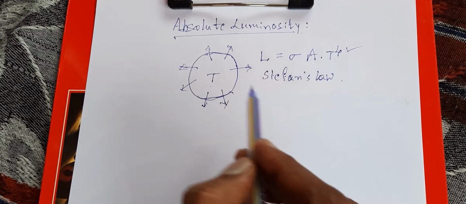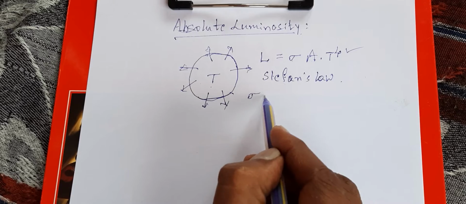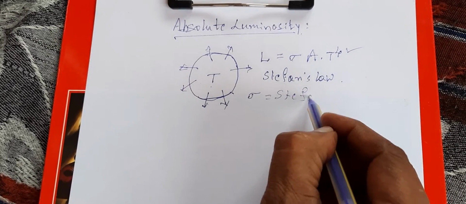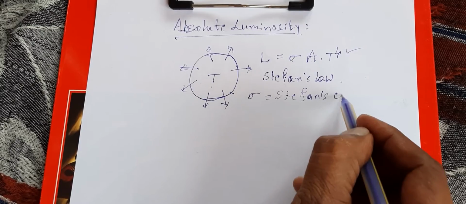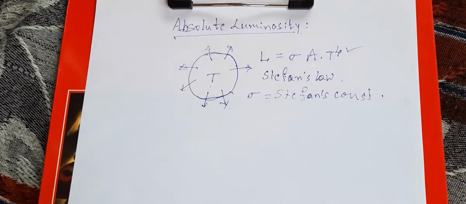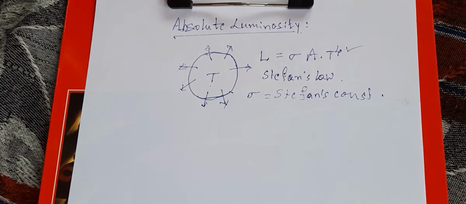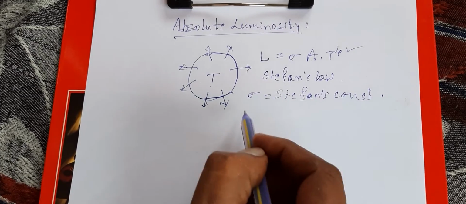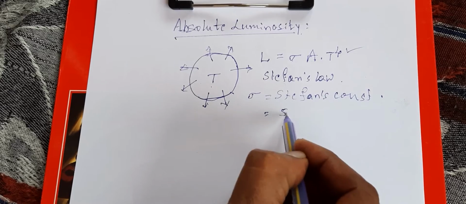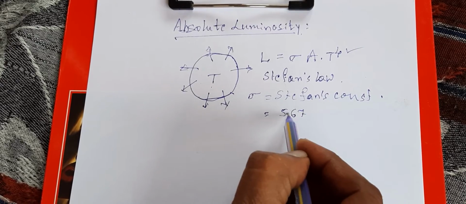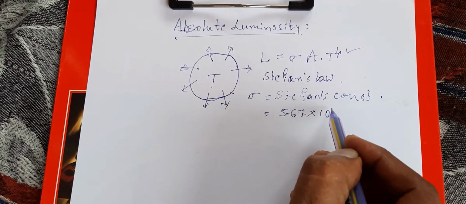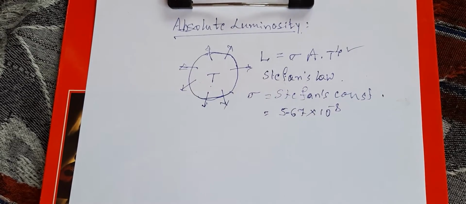So, sigma is Stefan's constant. What is Stefan's constant value? Approximately, Stefan's constant value is 5.67 into 10 to the power minus 8.